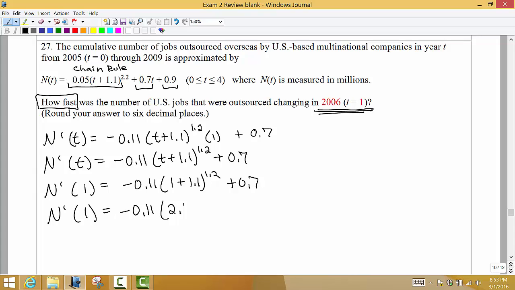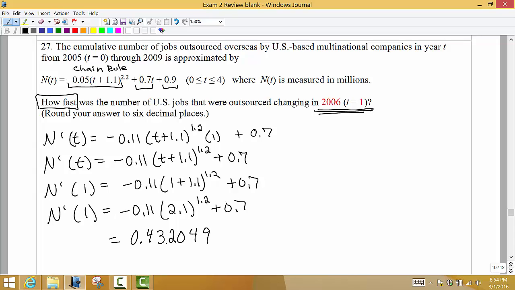That would be 2.1 raised to the 1.2 power plus 0.7. And I get 0.432049. It's asking me to round to the nearest 6 decimal places, so here I'm 6 decimal places out.